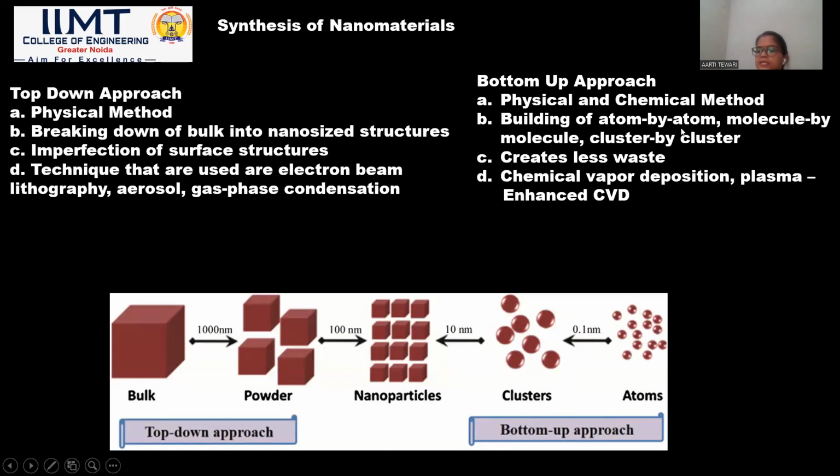You build atom by atom, molecule by molecule, and cluster by cluster. It creates less waste. Some methods in the bottom-up approach are chemical vapor deposition, plasma-enhanced and other CVD methods. So from the atom, you go up to nanoparticles, whereas in the top-down approach, you go from the bulk down to the atomic scale.